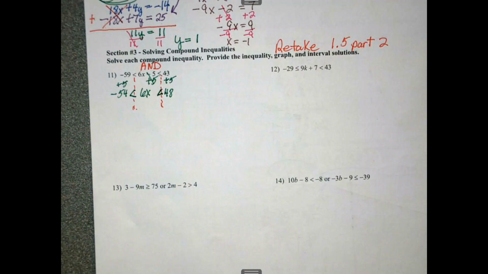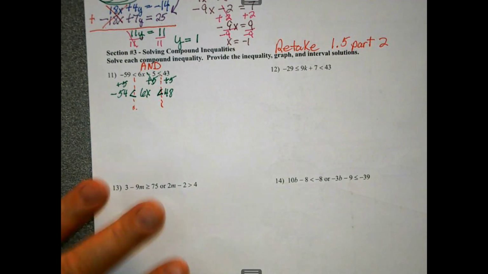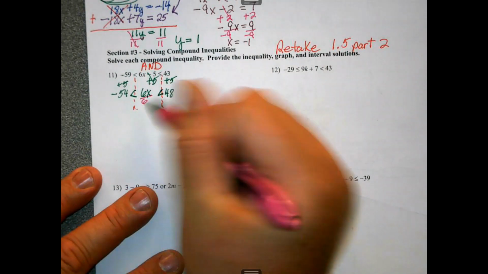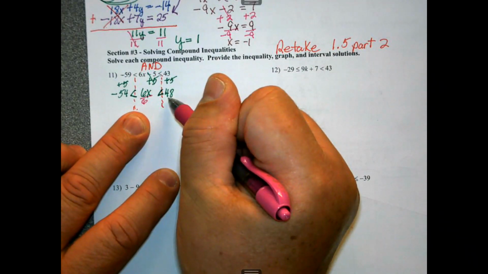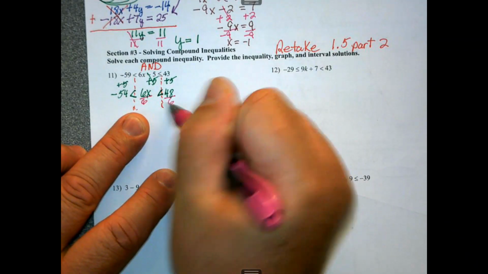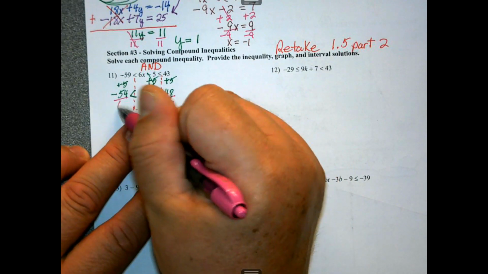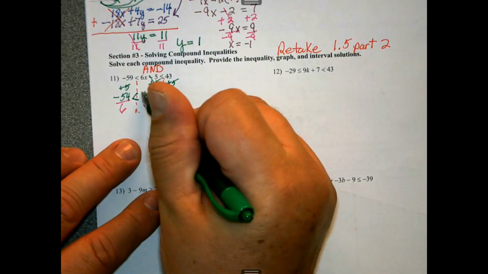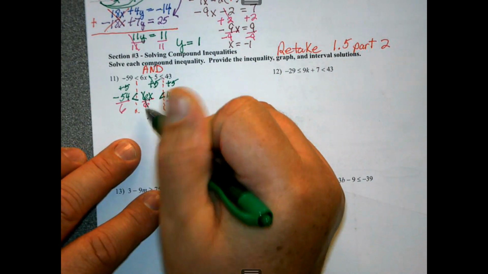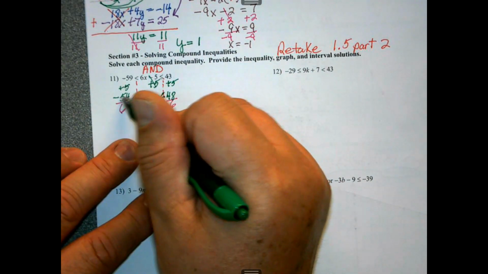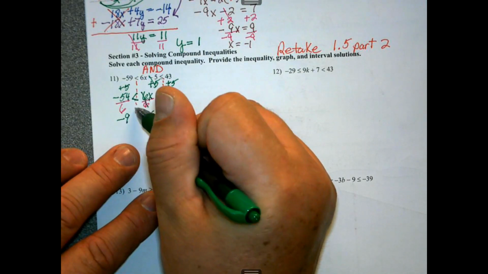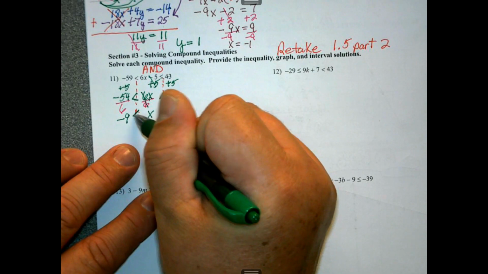Okay, go back to the middle. We're going to divide by a positive 6. So work yourselves out to the sides. Divide by positive 6. Divide by positive 6. So I have my x. Negative 54 divided by 6 is negative 9. Keep the sign, even though it was a negative number on top.